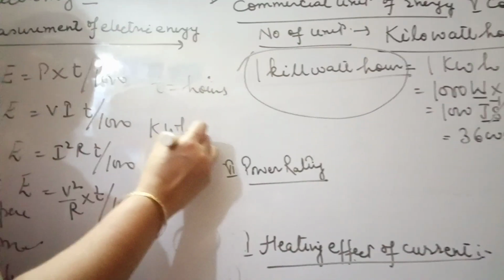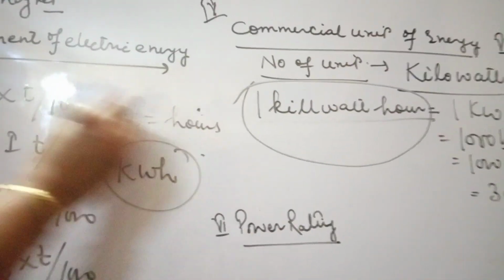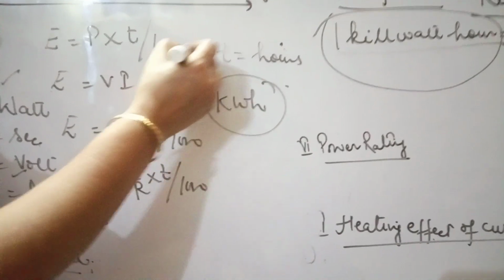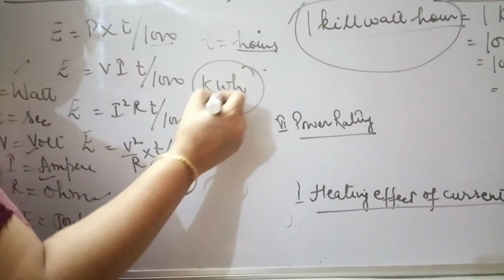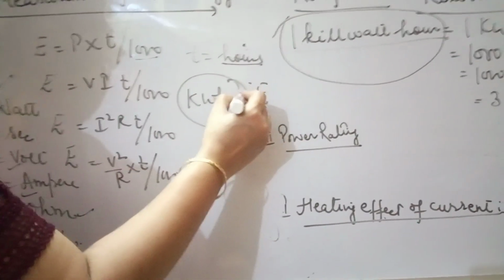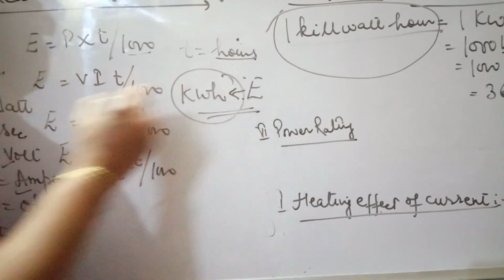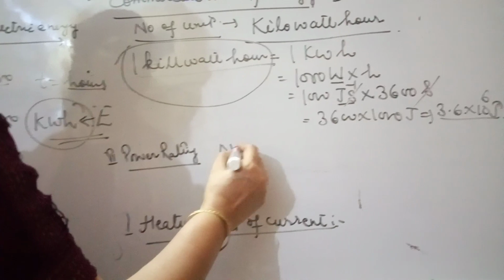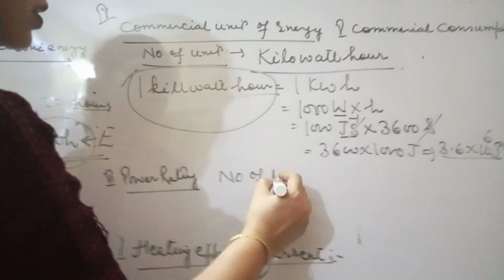Then the answer will come in kilowatt hour. Remember this. So this is the way to find the number of units in kilowatt hour.